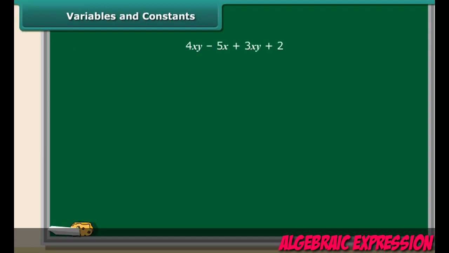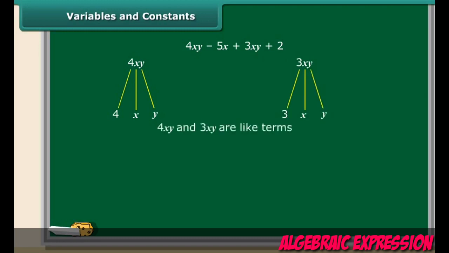Now, look at the terms 4xy and 3xy. The factors of 4xy are 4, x and y. Likewise, the factors of 3xy are 3, x and y. So both the terms have the same algebraic factors, which means 4xy and 3xy are like terms.